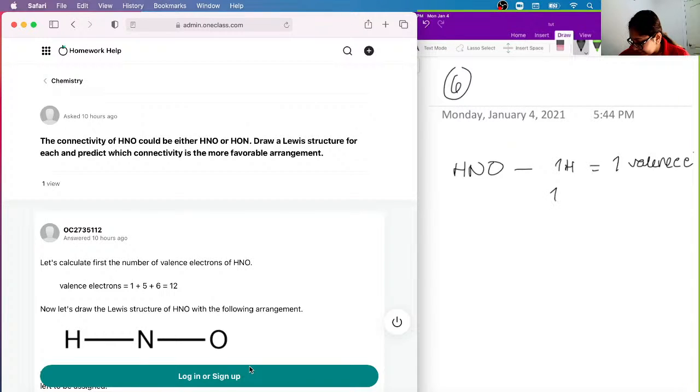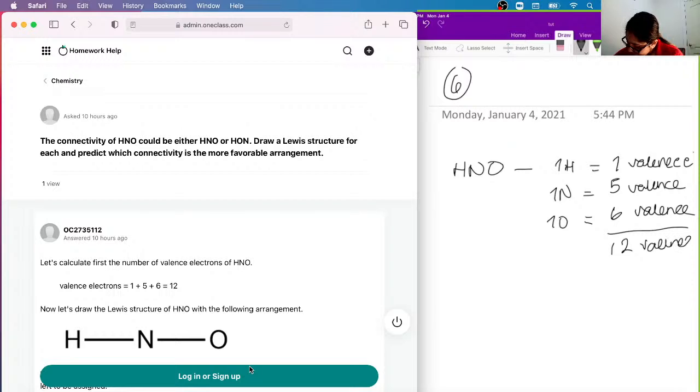And then we have one nitrogen, which has 5 valence electrons. And then we have one oxygen, which has 6 valence electrons. And if you add this up, we have 12 valence electrons in total.